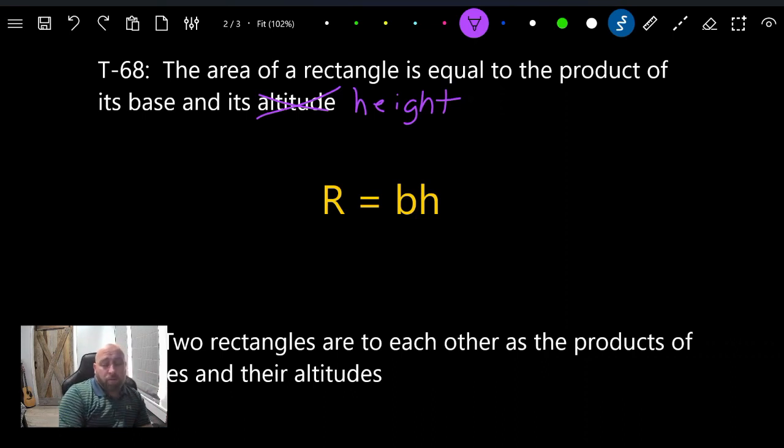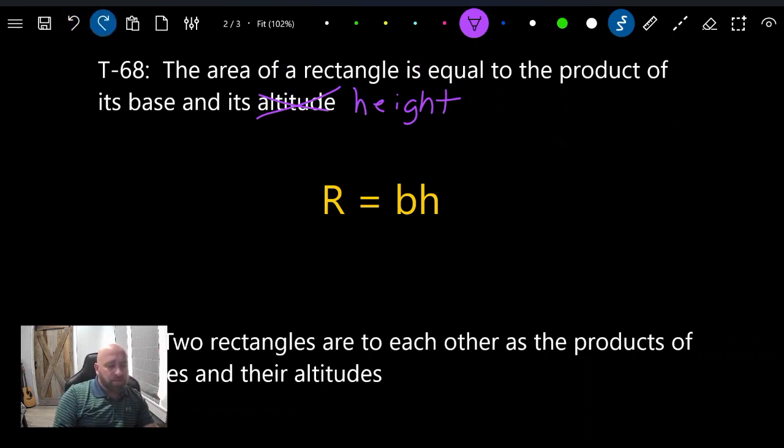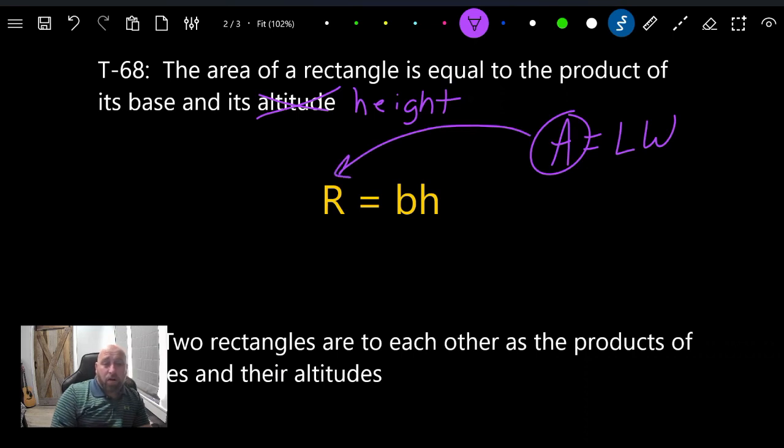So this is the formula that in 8th grade, 7th grade, you were doing, like A equals LW. So the rectangle equaled LW, length times width. Well, we're saying the same thing. It's just that we're calling these something different. Let's put these together. So the A for area is now a capital letter R. When you're using capital letters in your formula, this means area of a rectangle.